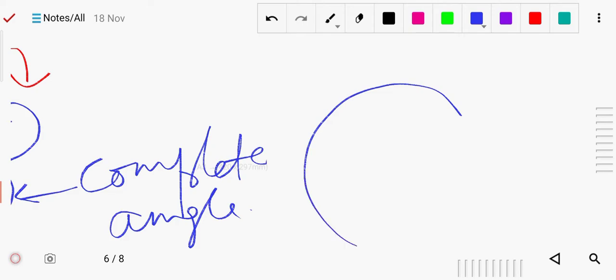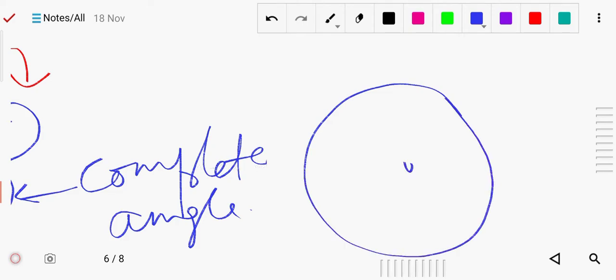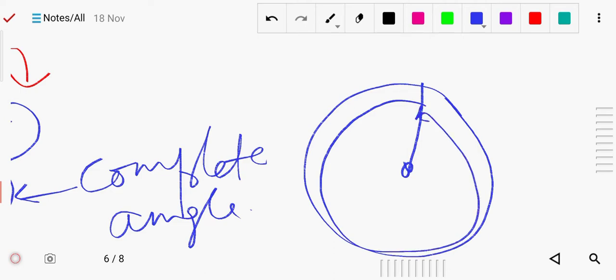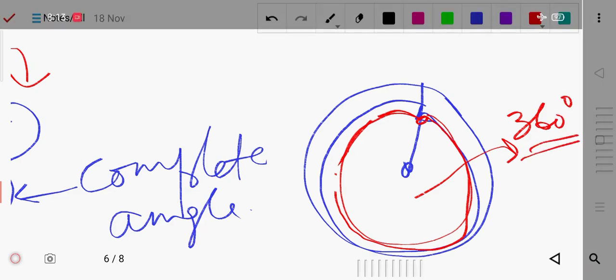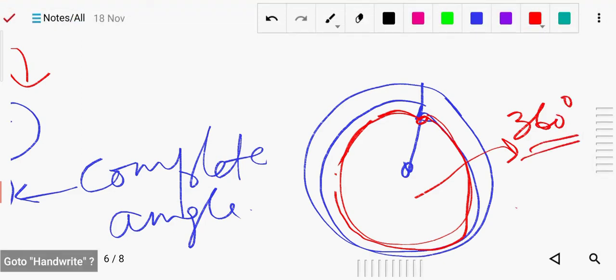If you measure it from here, going all the way around and coming back to the start, this angle is 360 degrees. This complete angle is of 360 degrees.